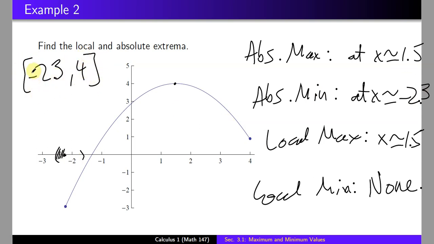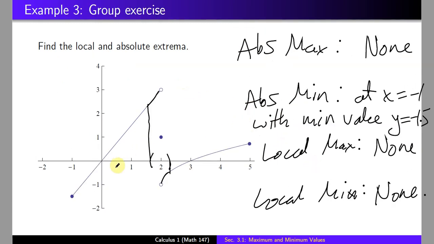This is the domain. This is a closed interval because it includes the endpoints. So it's continuous over a closed interval, which means the extreme value theorem says we're guaranteed an absolute max and min. However, here, we did not have a continuous function. We had a closed interval for its domain, but it wasn't a continuous function. And that's why we didn't have an absolute maximum.